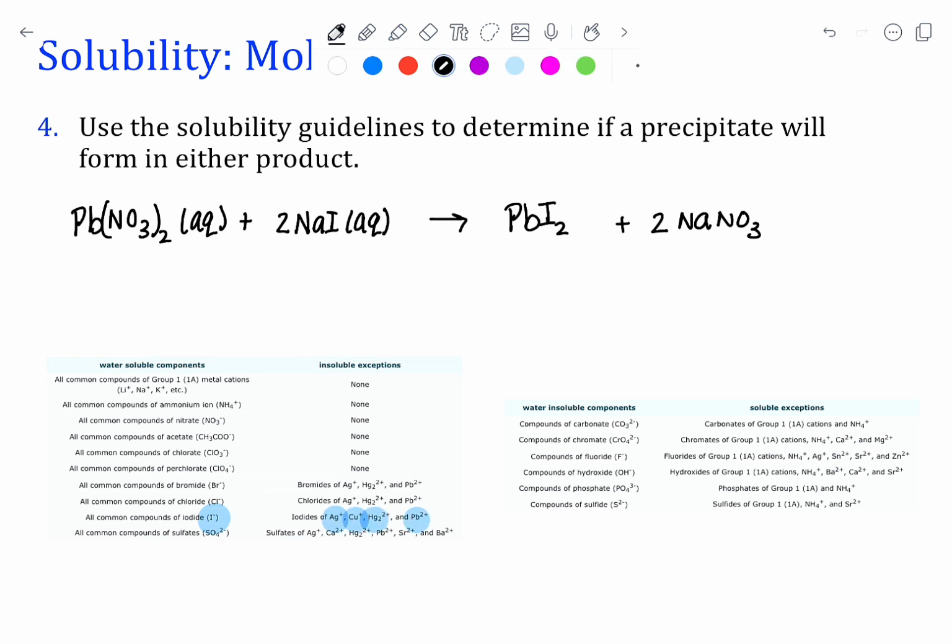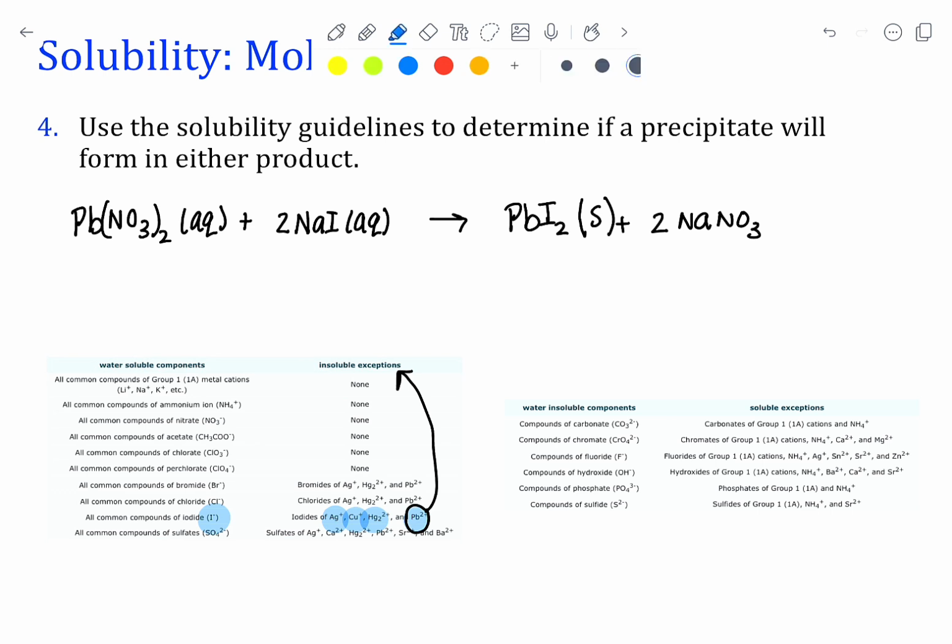Because we have lead iodide, we fall into our insoluble exception. So if this is insoluble, the reaction forms a solid. So we put a solid notation as our state of matter because we formed a solid. The lead iodide is present in the reaction vessel as a solid rather than as its ions in solution.